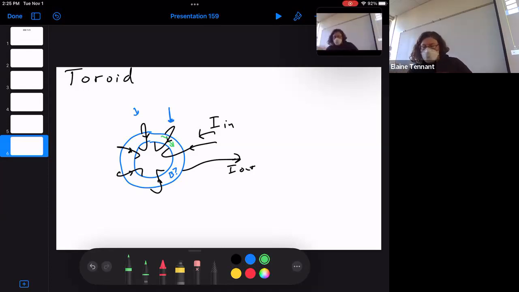Curl your fingers in the direction of the loop. So now the current's going around like this. So you curl your fingers, there we go, and your thumb should be pointed. Oh, you're backwards for me. That's why this is confusing, right? Sorry, this way. So yeah, I'm still mirror imaging here, like that.